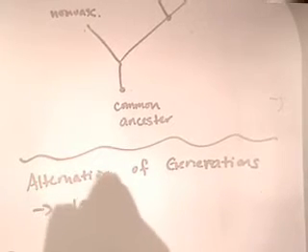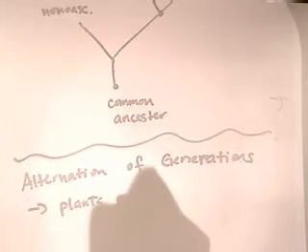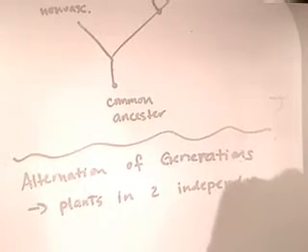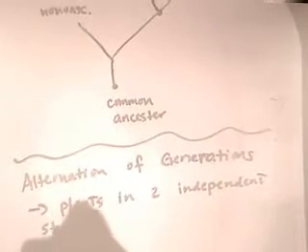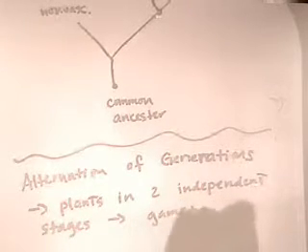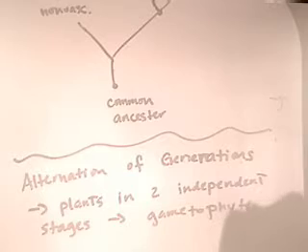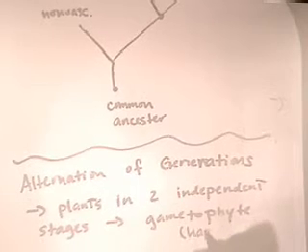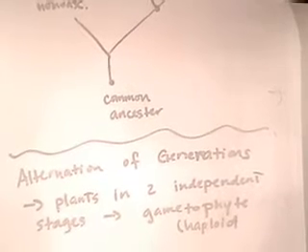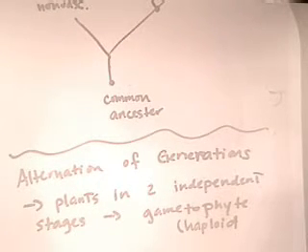Plants can exist in two stages, and they're independent stages. A plant can be a gametophyte, which is a haploid stage, or a plant can be a sporophyte, which is a diploid stage.